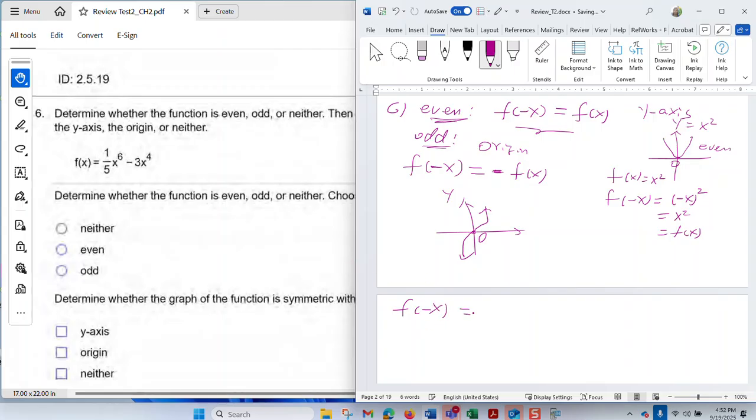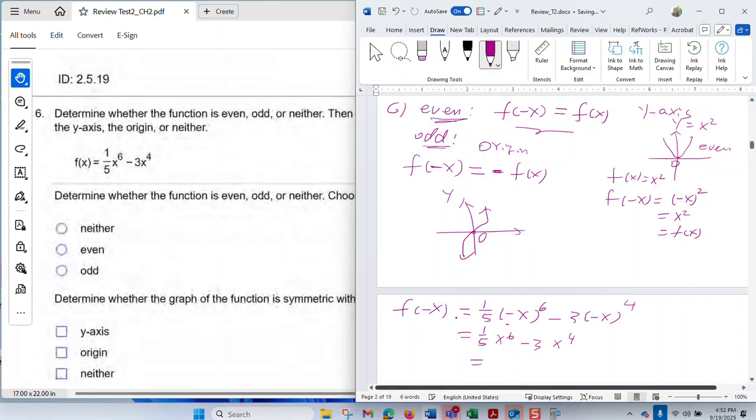So this will be 1 over 5 times negative x to the 6 minus 3 times negative x to the 4. All right, since negative with an even power is still positive, even if I replace it, f of negative x still equals f of x.